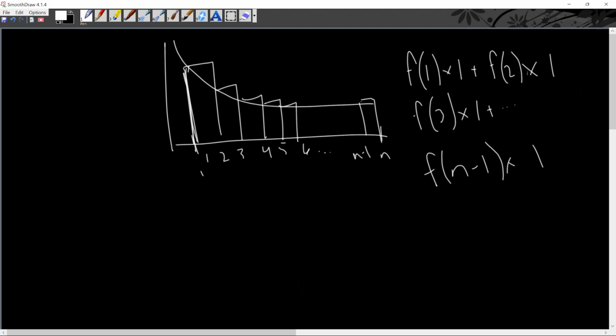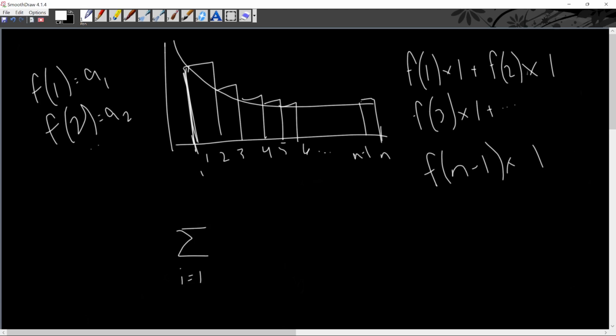So f of 1, again, is equal to a1. f of 2 is equal to a2, and on and on. So this is the partial sum from i equals 1 to n minus 1 of ai.